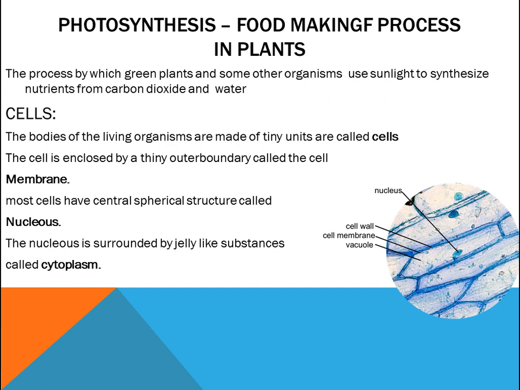Definition: the process by which green plants and some other organisms use sunlight to synthesize nutrients from carbon dioxide and water. Means they absorb sunlight to produce food from carbon dioxide and water.